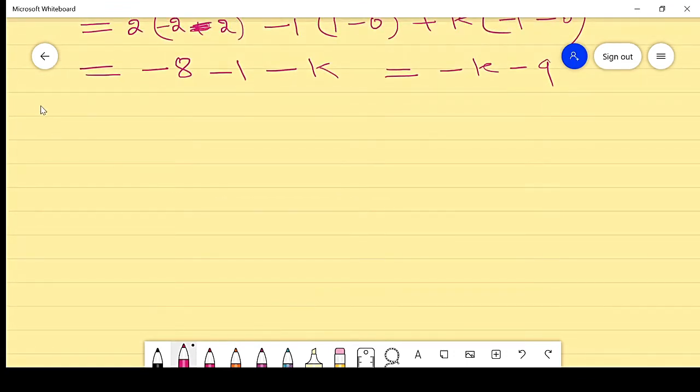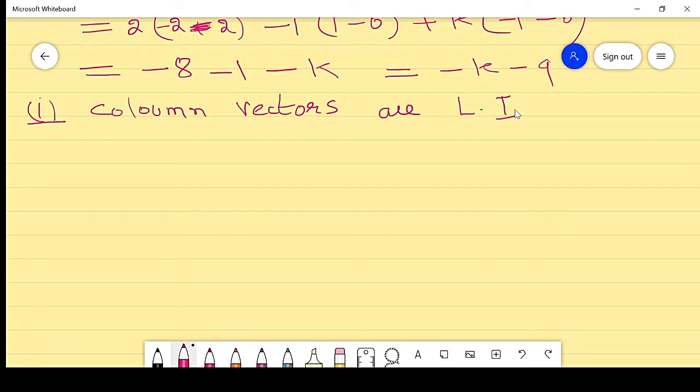Now we have two parts. In the first part, the column vectors are linear independent. So in this case the determinant of A is not equal to 0, and here -k - 9 is non-zero.